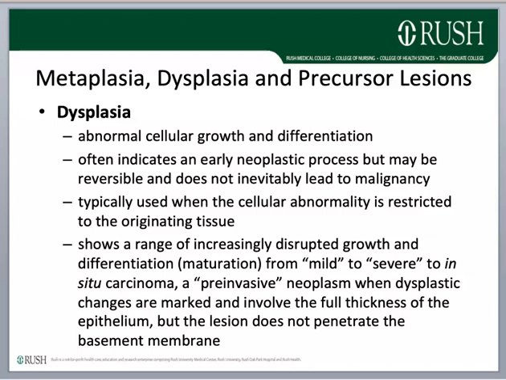So, as implied, dysplasia shows a range of increasingly disrupted growth and differentiation or maturation within epithelial surfaces from mild to severe to what we call in situ carcinoma, which is basically a pre-invasive neoplasm when the dysplastic changes are marked and involve the full thickness of an epithelium, but the lesion hasn't acquired the properties that allow it to invade through the basement membrane yet.